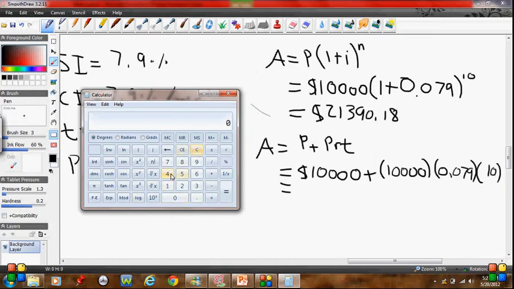Oops, something's wrong with this calculator. Let's do that again. 10,000 times 0.079 times 10, which is equal to 7,900. So if we add that to the principal, we get $17,900.